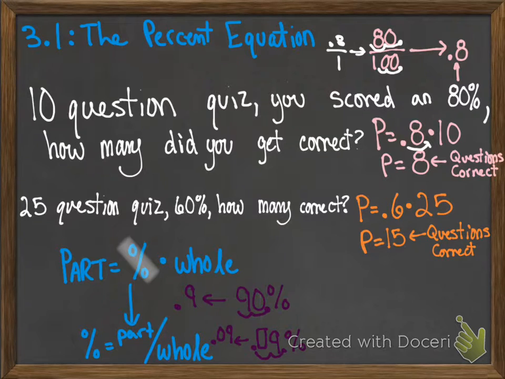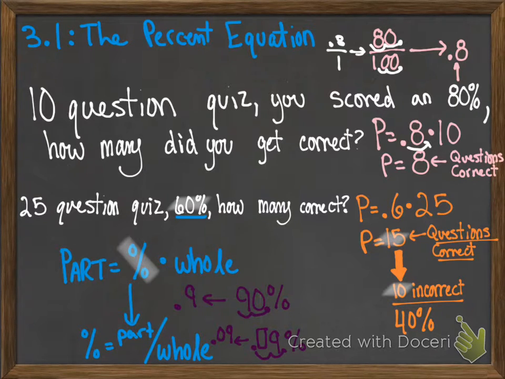So we can take this one step further. We can figure out how many questions you got wrong. If you got 15 questions correct, and it's a 25 question quiz, you have to have 10 incorrect because I've got to get up to a whole. So if 60% is 15, then 10 have to make up the remaining percent that isn't in this 60%. So 10 questions have to be 40% of the quiz.